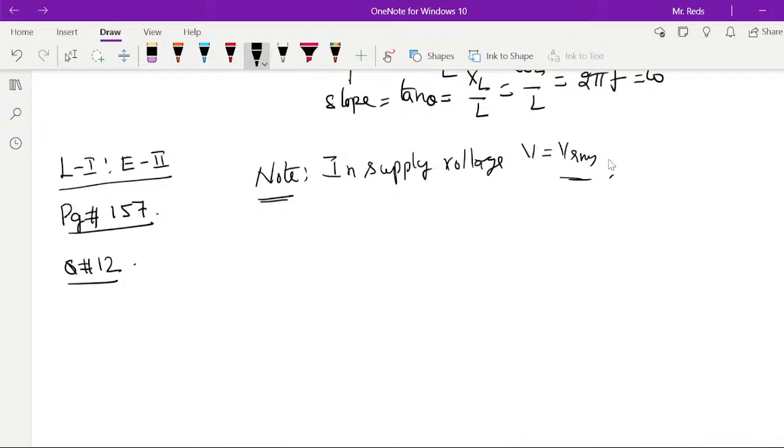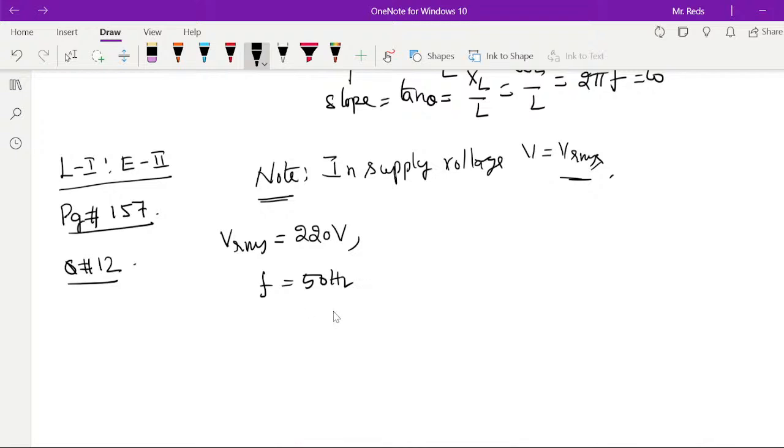In households also it can be taken so. So here VRMS is given as 220 volts. A 220 volt 50 hertz AC means it's 220 volt AC with 50 hertz frequency. F is equal to 50 hertz.